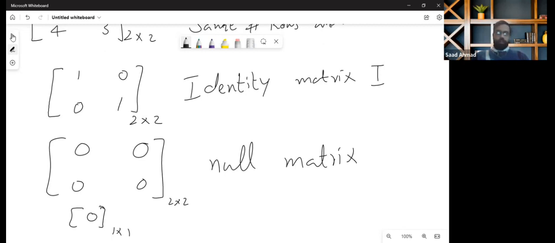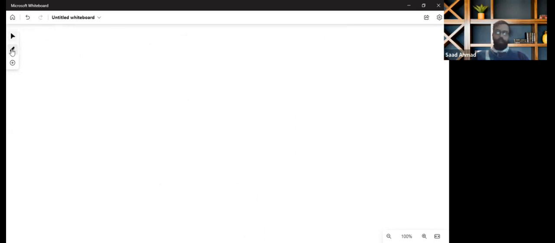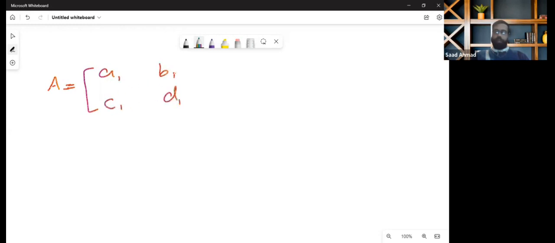As we can do some operations with numbers, we can do some operations with matrices as well. We usually represent a matrix by a capital letter. Let's say A is my matrix, with entries A1, B1, C1, D1.